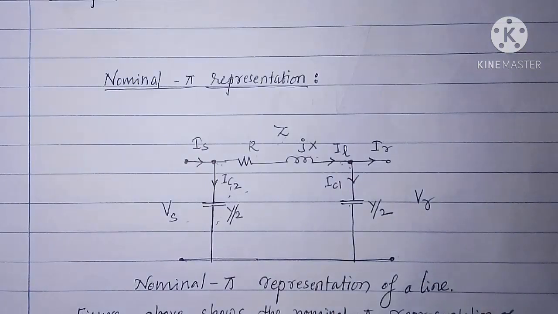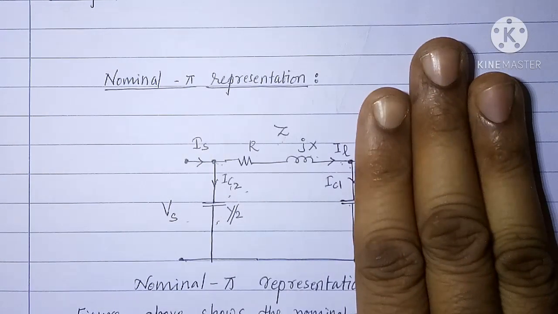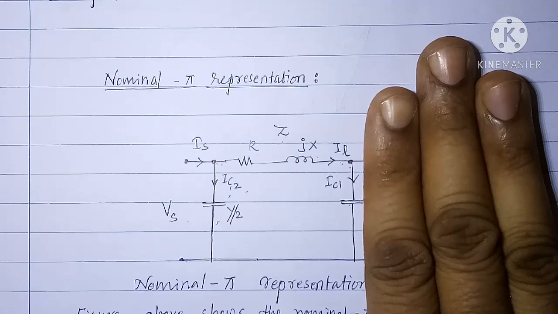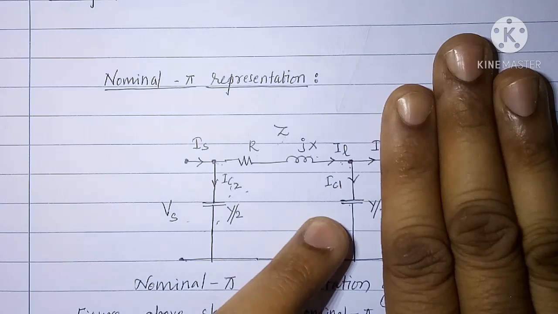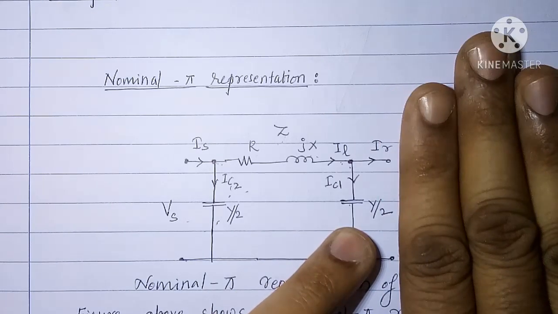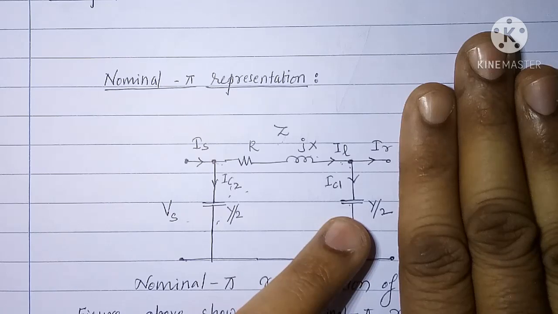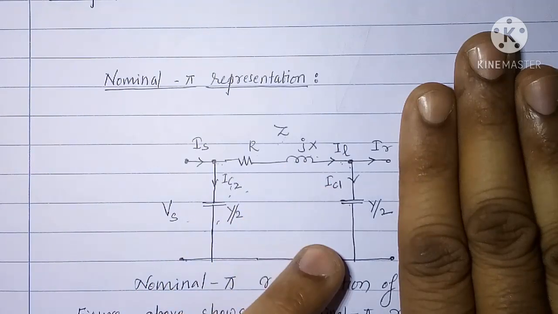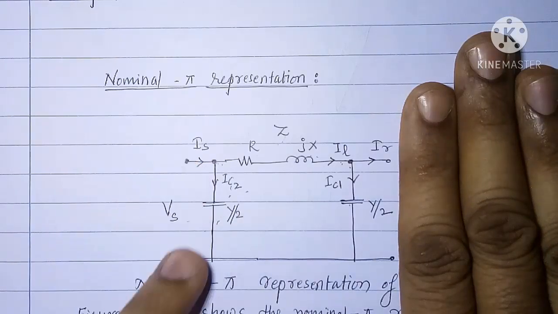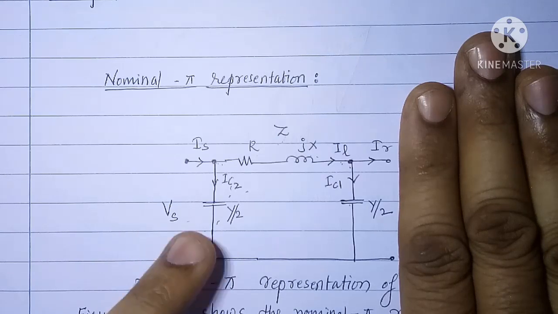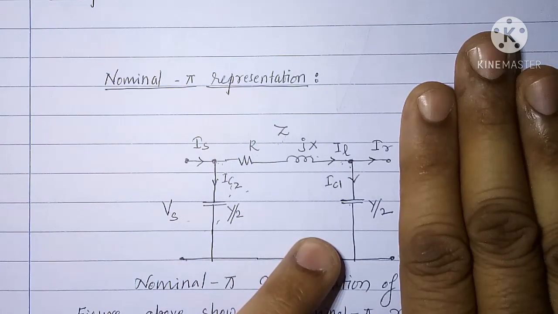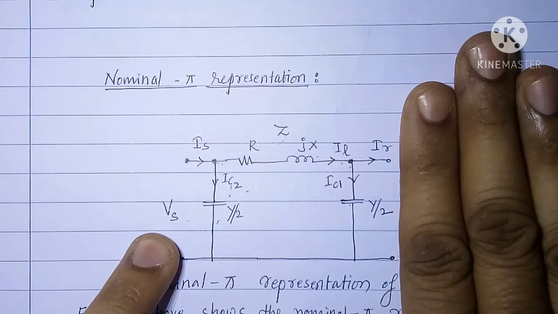Now see here, when no current is flowing here, then R plus Jx and Y by 2 are connected in series, and this series combination is connected in parallel with this Y by 2 near sending end. Therefore, voltage across this series combination will be equal to sending end voltage.